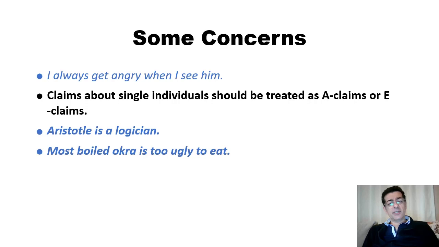Now, is Aristotle a class? Obviously not. So how can I change this claim into a standard one? The trick is to add a phrase like this: all people identical with X. So here in this case, instead of saying Aristotle, I say all people identical with Aristotle are logicians.